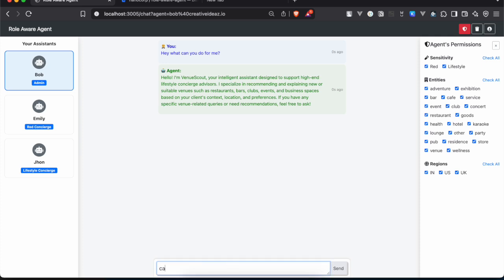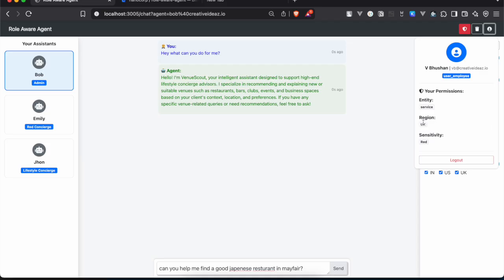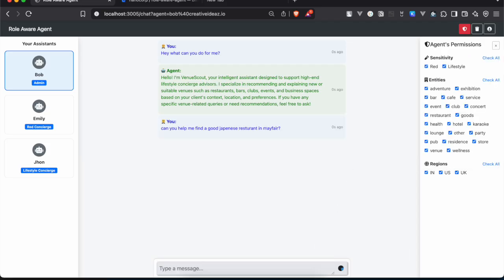Now, can you help me find a good Japanese restaurant in Mayfair? So what I am asking is about a restaurant, and assuming that Bob has all the information. But remember, I as a user do not have permission to access the restaurant. So let's see what happens.